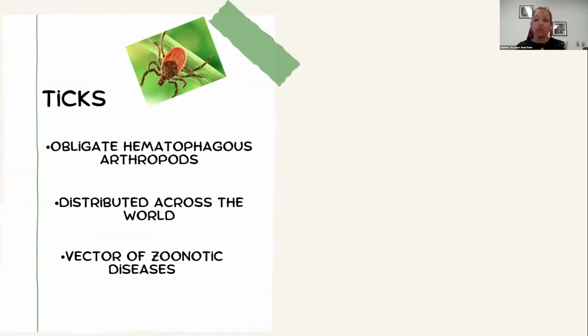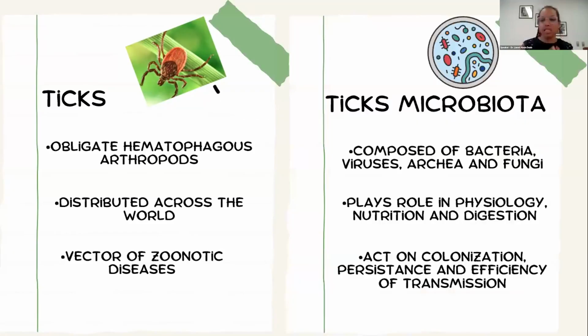So it's really important to study novel strategies to control the transmission of these tick-borne pathogens. Recently, the study of the tick microbiota has become a tool for this approach, a new way to control these transmissions.